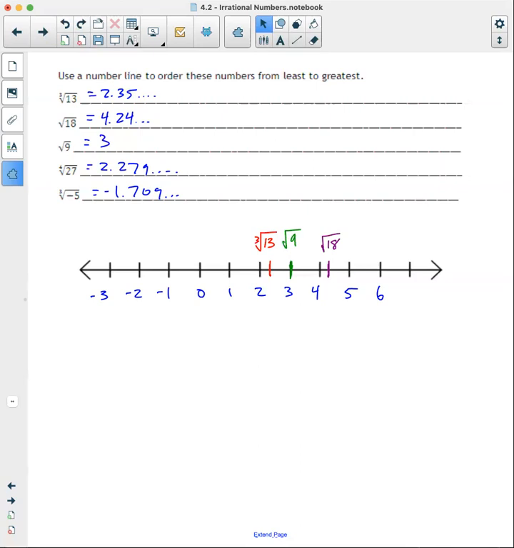The fourth root of 27 is 2.2. So a little bit on the inside. That is the fourth root of 27. And lastly, the cube root of negative 5 is negative 1.7. So that's going to be right around here. Okay. Cube root of negative 5. Hopefully you can see that yellow okay.